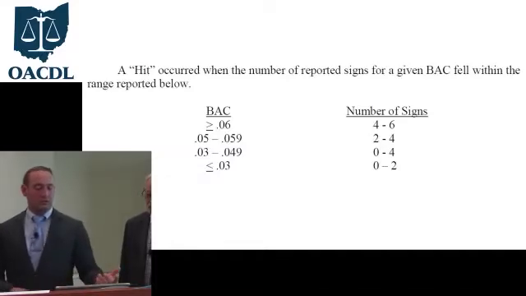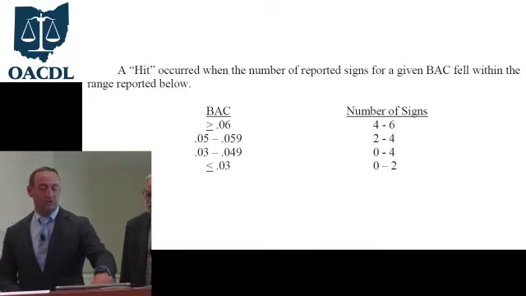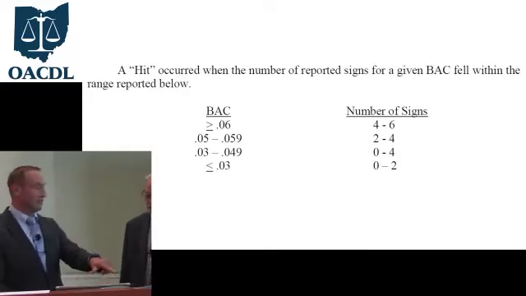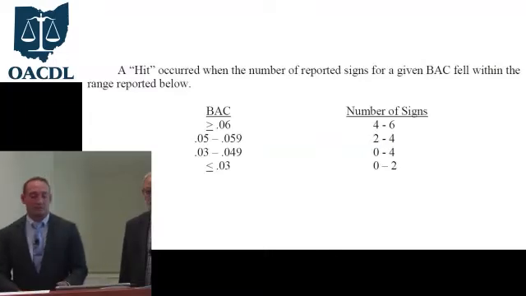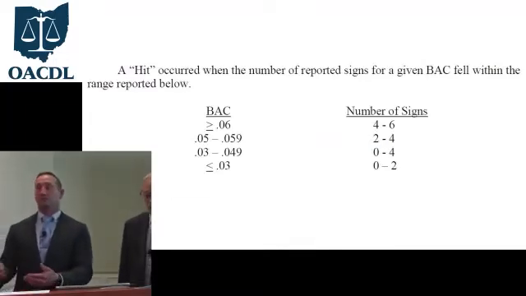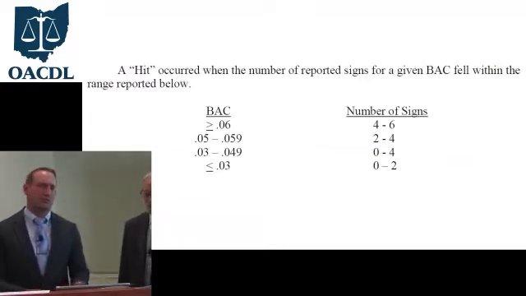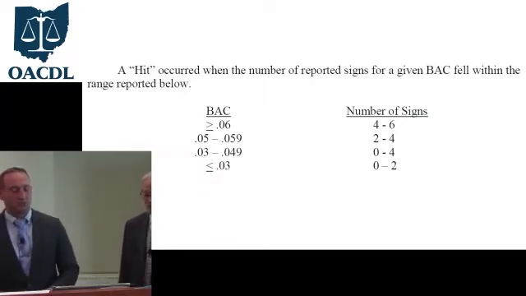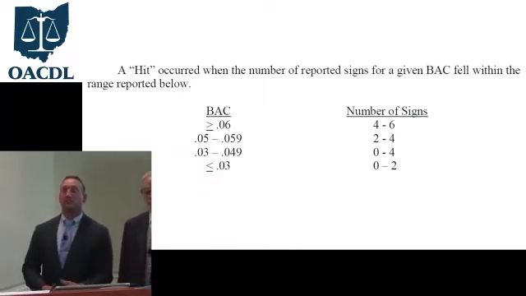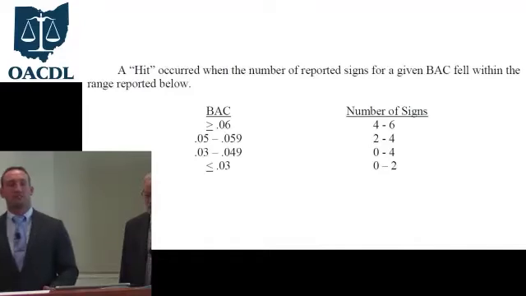Well, if you look to the number of signs, you can see 4 clues down to a 0.03. And that's perfectly acceptable. So the NHTSA manual tells you that 4 clues means that you're over the legal limit, but when they do their own studies, they admit that you can see 4 clues down as low as a 0.03. You can see 6 clues down as low as a 0.06.